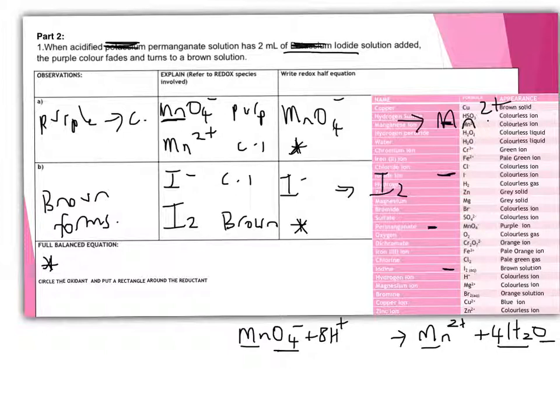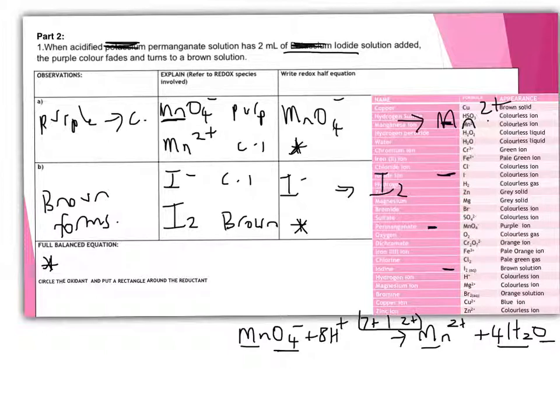Now step 4 is I'm going to add electrons to the most positive side. Now when I add up the charges on the right here, I've got 2 plus. On the left I have 8 hydrogen ions, so that's 8 plus, minus 1 for the permanganate ion. So overall on this side I've got 7 plus.